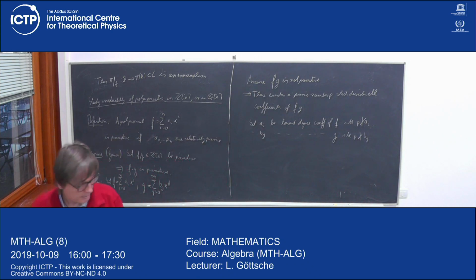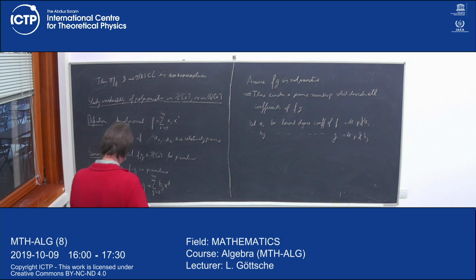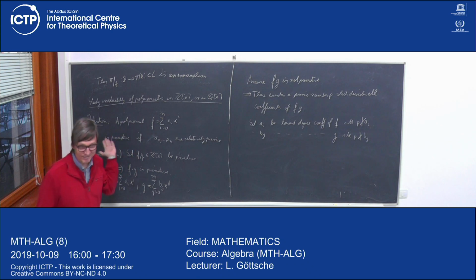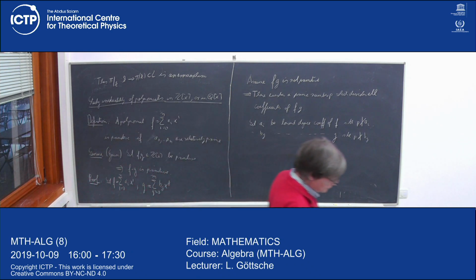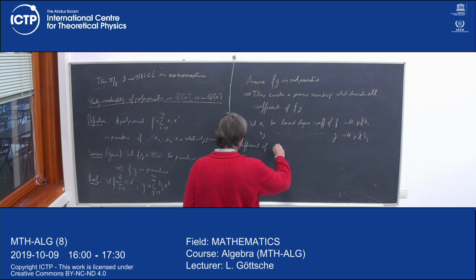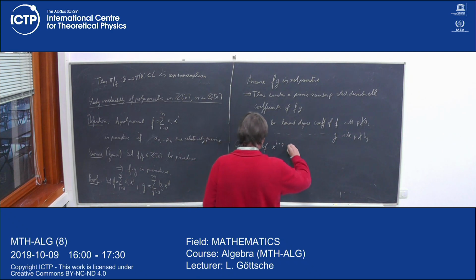Then the obvious question is, what happens to the coefficient of fg of degree i plus j? So what is the coefficient of x to the i plus j of fg?